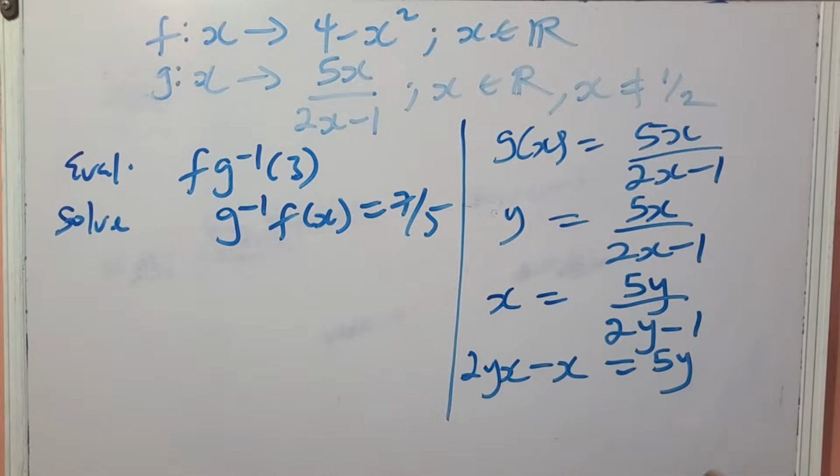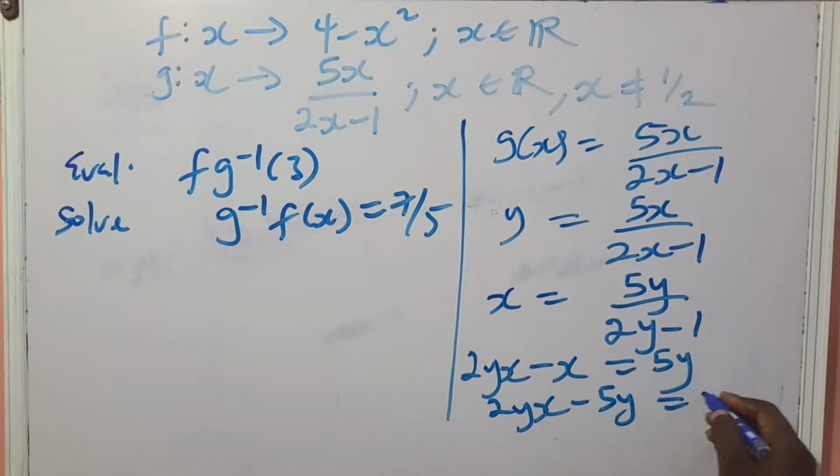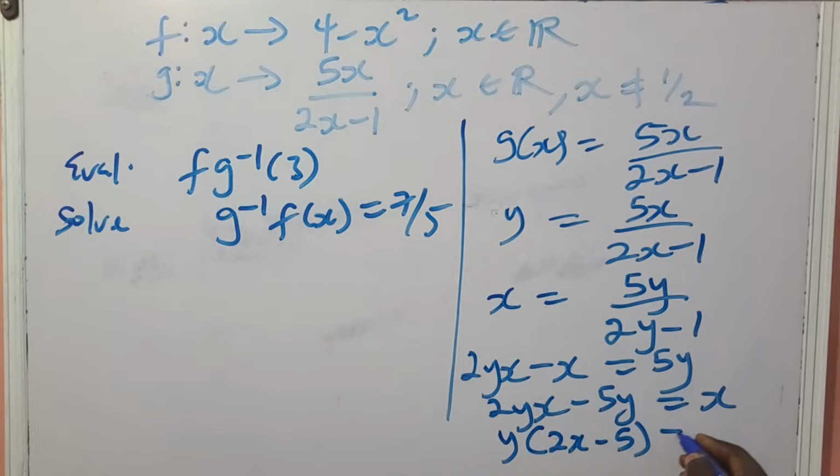Wherever I see y, I want to collect the like terms. So I have 2yx minus 5y equals x. Now I want to make y the subject of formula, so I have y into 2x minus 5 equals x.